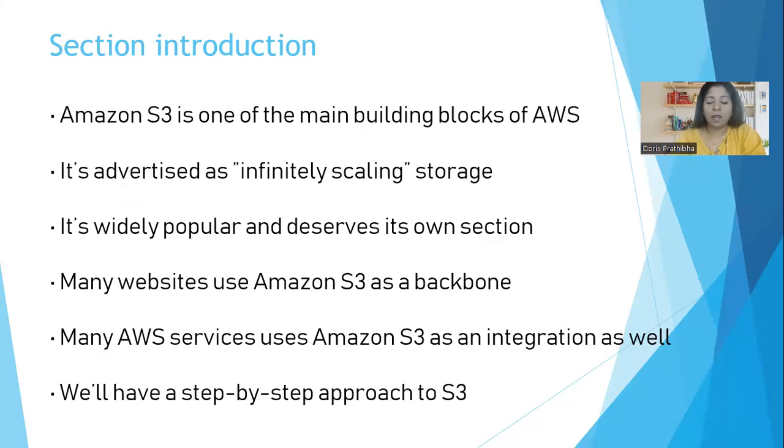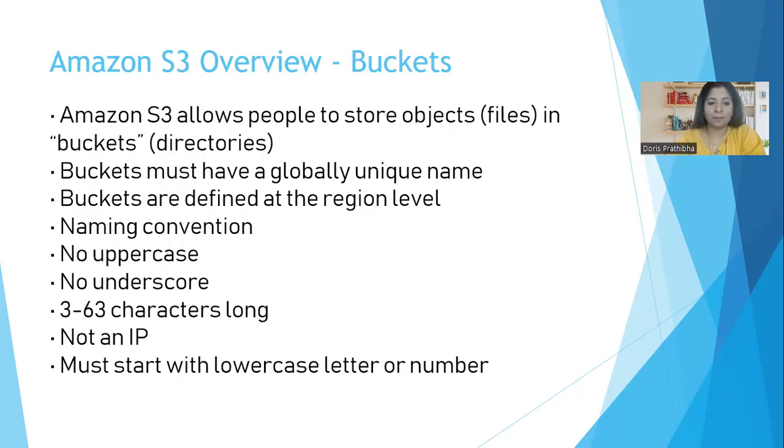We'll go through S3 with a step-by-step approach. When we store data in AWS, we usually consider files and folders. In S3, we use the terminologies buckets for directories and objects for files.